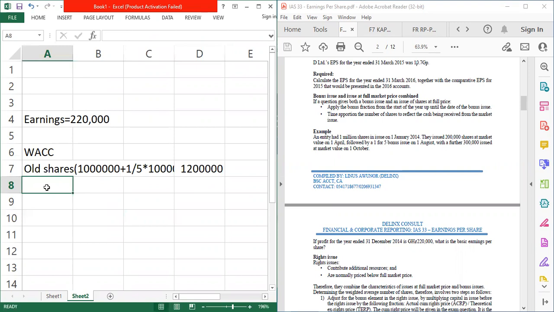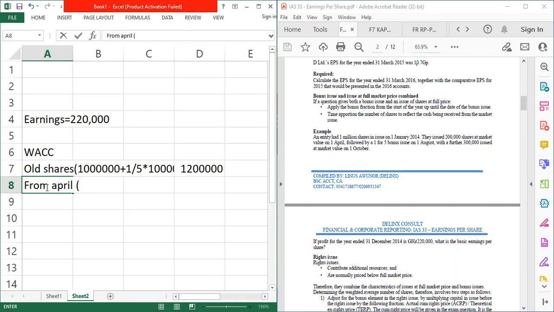So the new issue from April, what will be the bonus issue on it? 1/5 times 200,000 is 40,000.